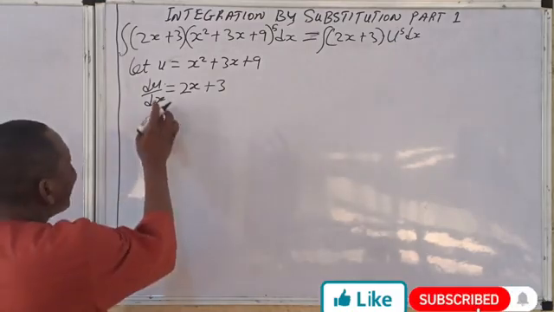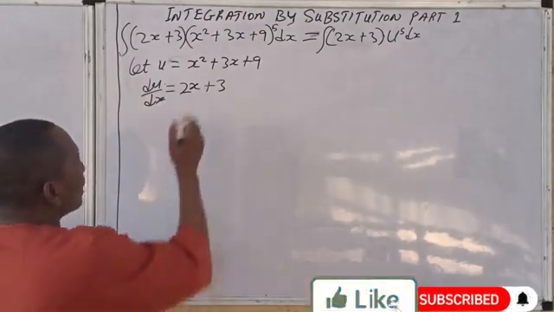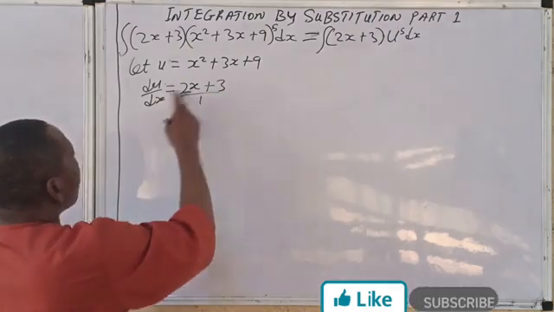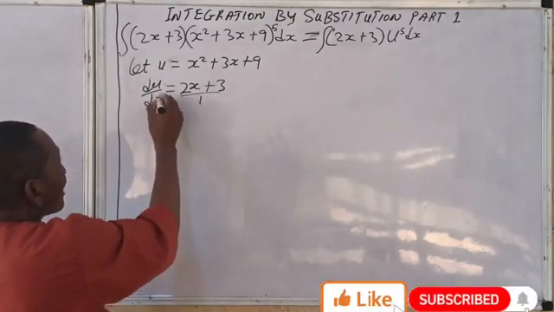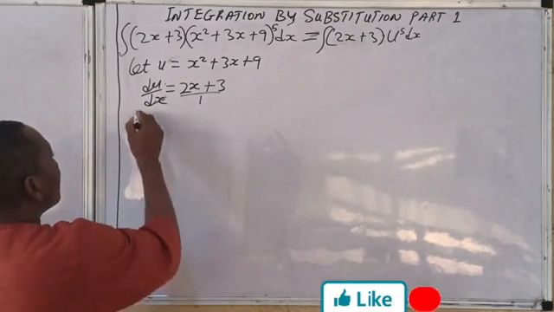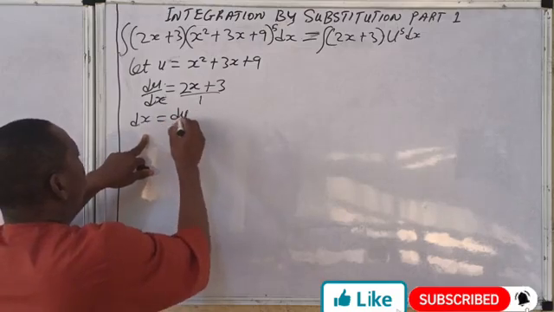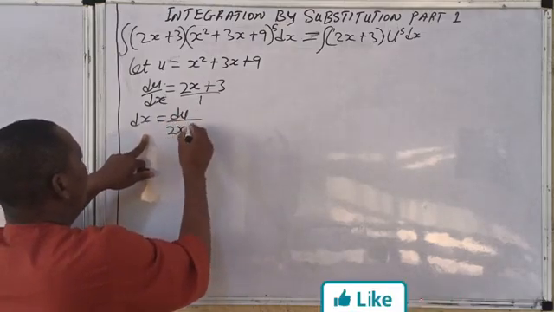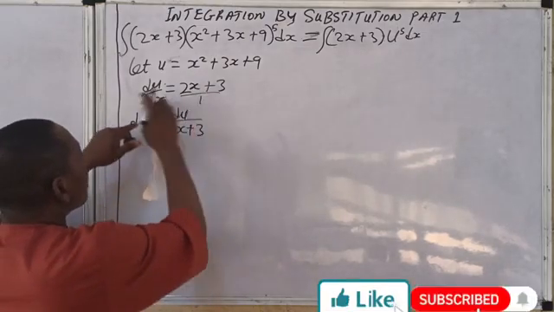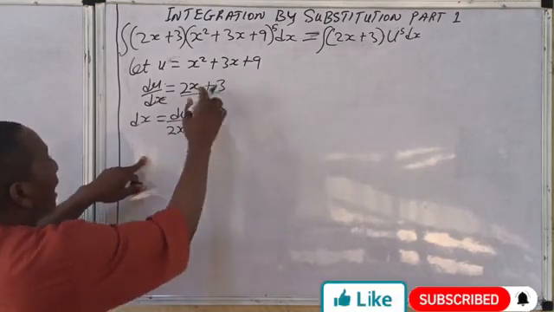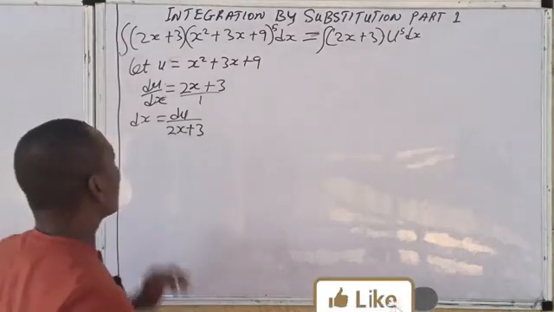So, make dx the subject of formula. If you cross multiply, you have dx equal to du all over 2x + 3. Cross multiply, then divide both sides by this. You have this as your answer.